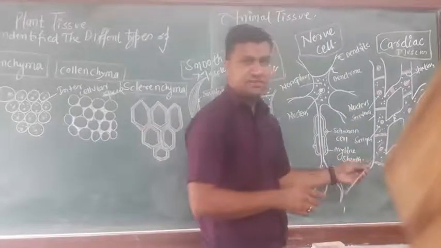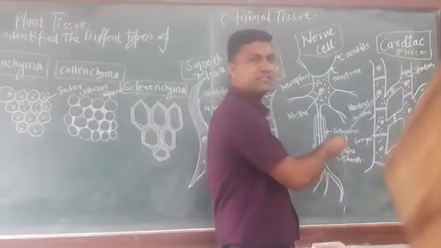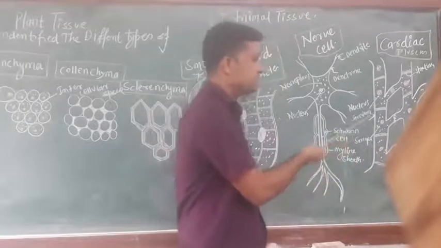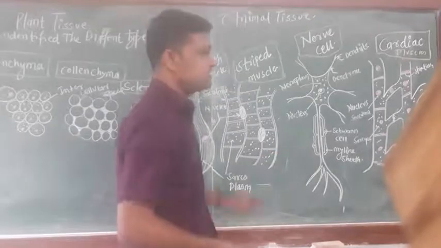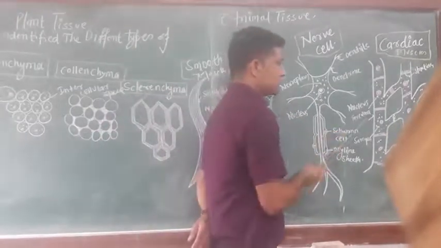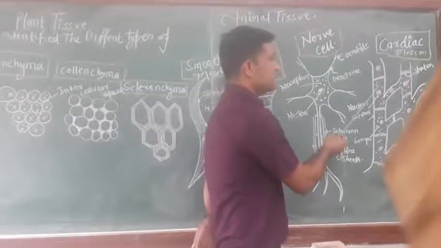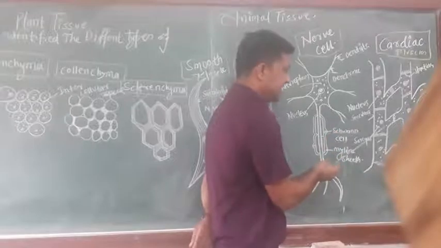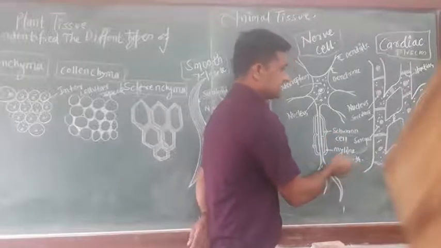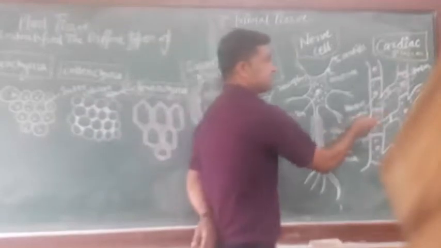It's branched and nucleated, sometimes multinucleated and sometimes uninucleated, usually uninucleated. The outer covering is also called sarcolemma, then the nucleus, the liquid is called sarcoplasm, and the bands are called striations.